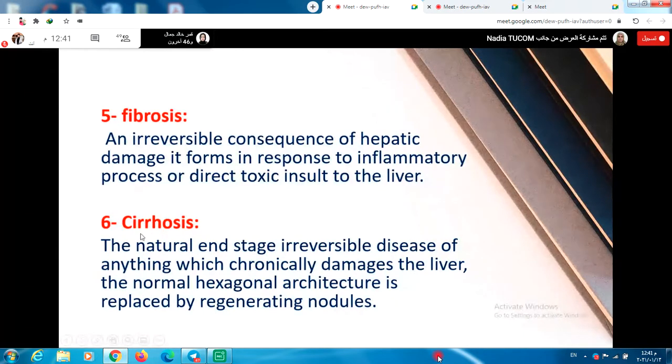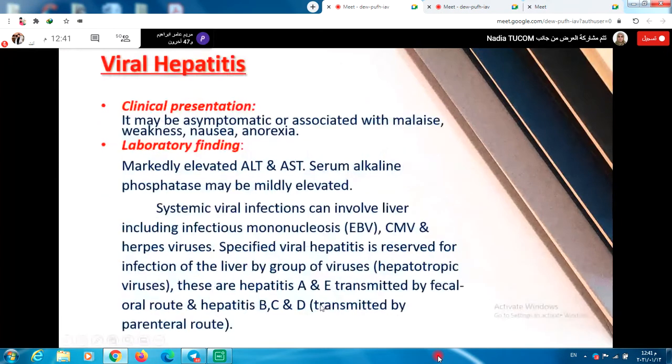In cirrhosis, there will be distortion or disruption of the normal hexagonal lobules by regenerating nodules, which we will come to in detail.